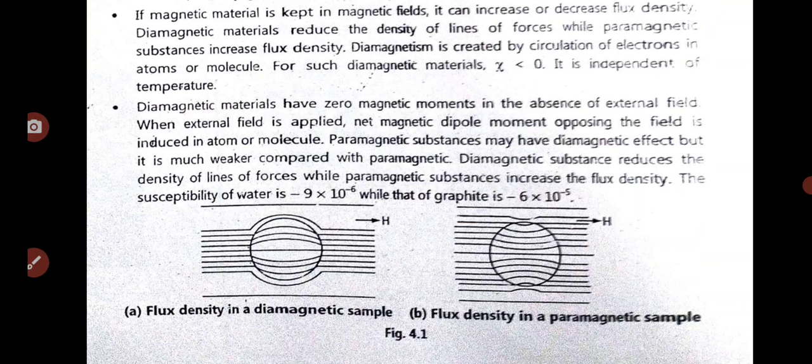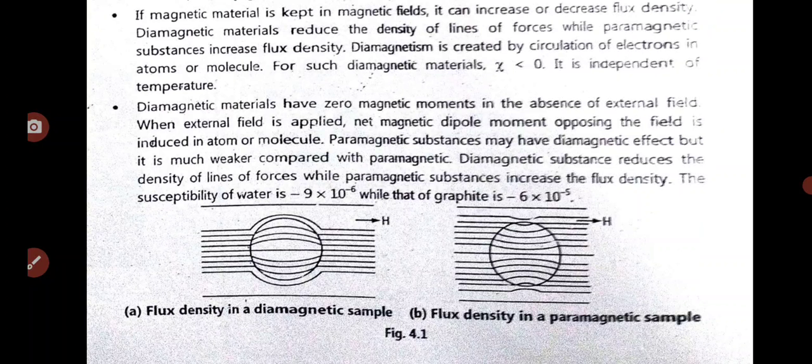Flux is the number of magnetic field lines passing through a cross-section area. A diamagnetic material reduces the density of lines of force, while paramagnetic substances increase the flux density.